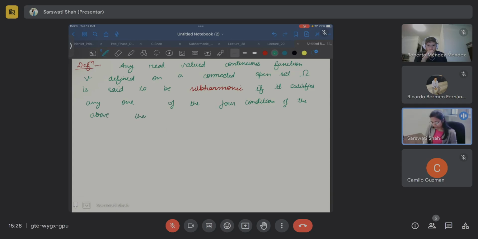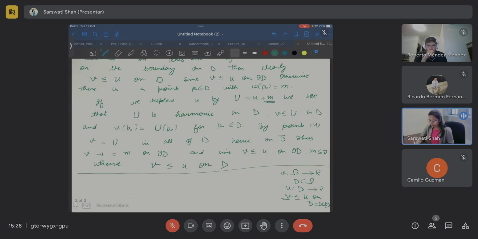So we have studied the subharmonic function in this way. Mostly I am explaining that you are able to find a harmonic function on a subdomain of this connected open set such that v is less than or equal to u on this connected open set. But even if it satisfies any of the other properties, this was the first property.